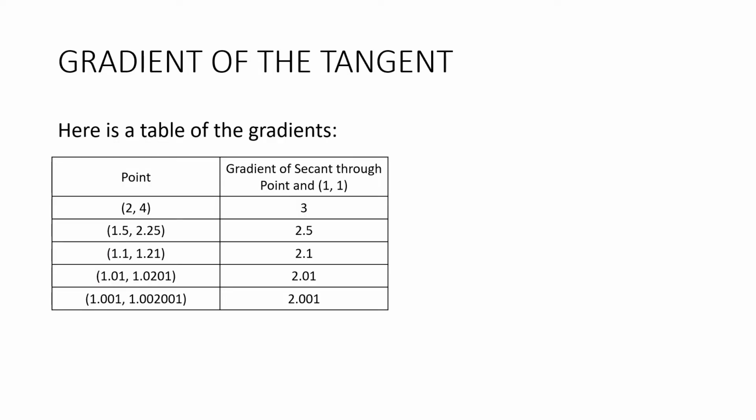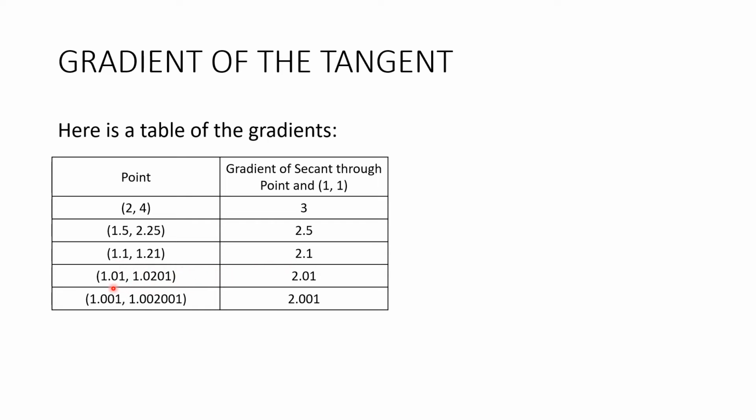Here's a table of those gradients. So we started around about 0.24, and the gradient of the secant through 2, 4, and 1, 1 was 3. Then as we went closer, say x is equal to 1.5, the gradient was 2.5, and then 1.1, we're getting closer to 1, aren't we? The gradient is 2.1.